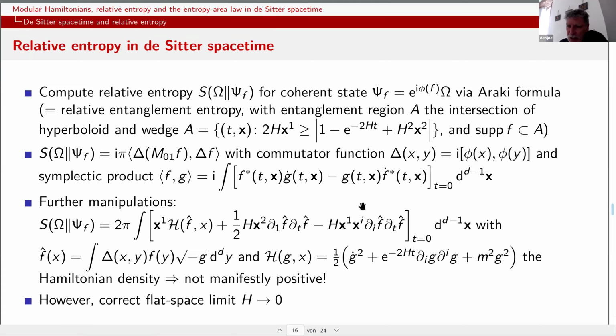So that's a generic formula that one can apply to essentially any theory? No. This formula here is specific to free theory. If you're in an interacting theory, you get a sum of terms that would vanish for free theory, so the formula will be longer. But the Araki formula, I have not written it down here yet.